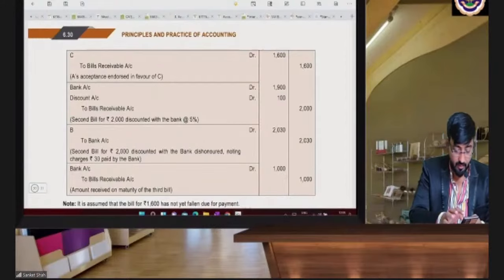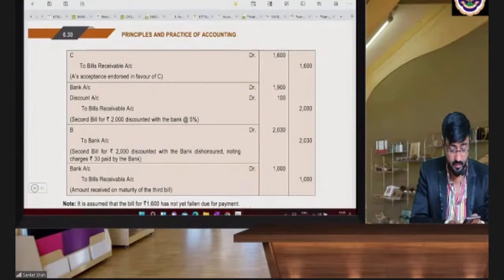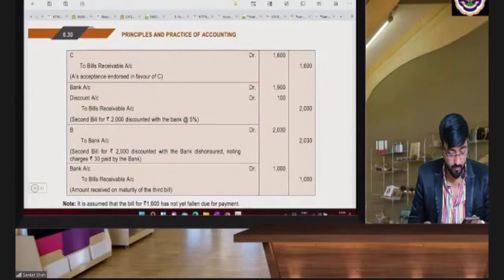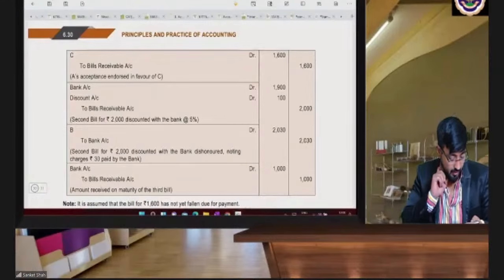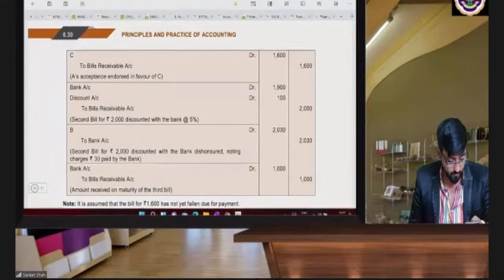Okay, one minute. I will share timings. For illustration 1, the students finished bill of exchange entries in 1 minute 23 seconds.